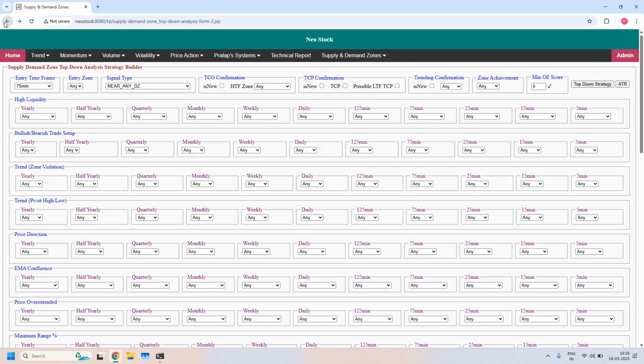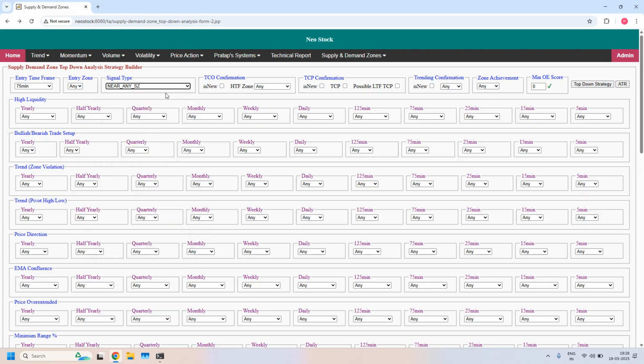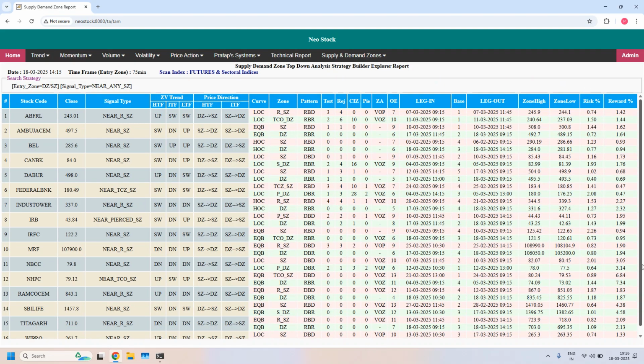Okay, next, for 75 minutes time frame, let us find the stocks near 75 minutes supply zone. So we got 16 stocks. So let us identify high liquidity 75 minute supply zones from this list.